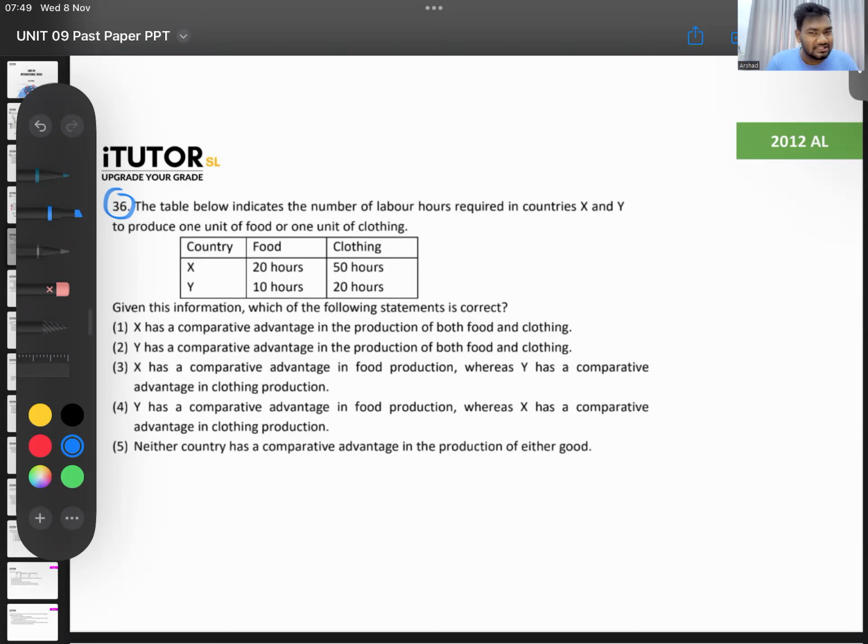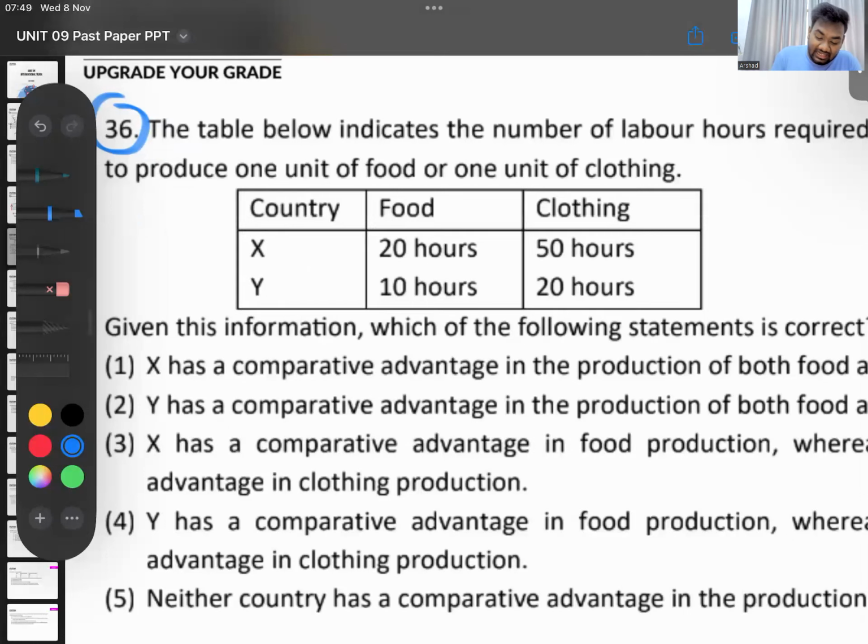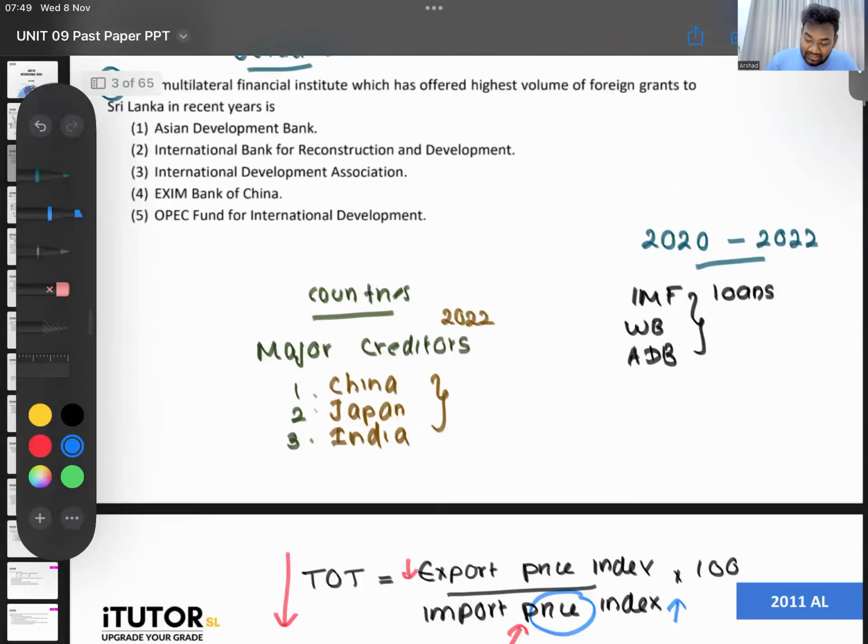Now, how do you read this? In country X, to produce 1 unit of food, they need 20 hours. Hours is input, how much labor hours they need. Now, how do you read the table in the previous question?